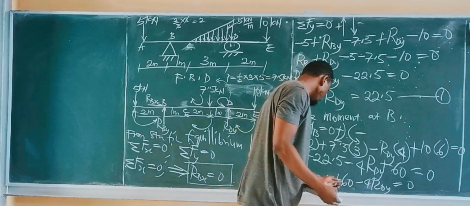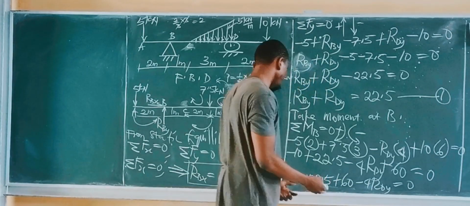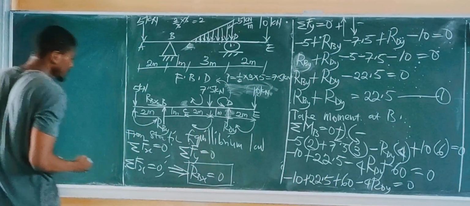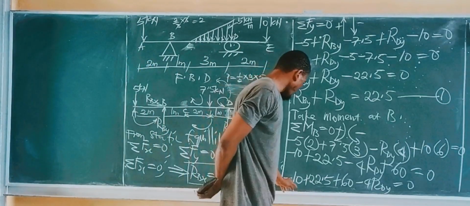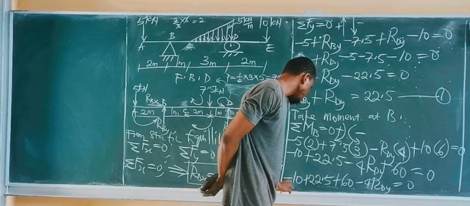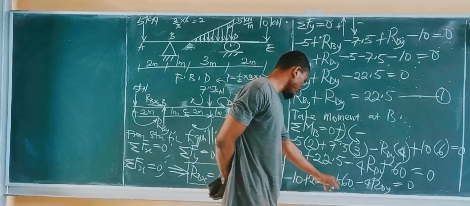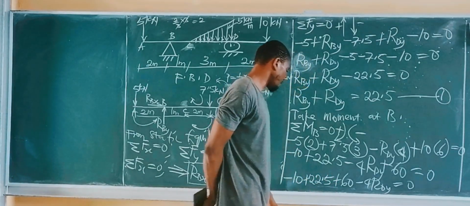So we'll have minus 10 plus 22.5 is 12.5, plus 60, that's 72.5.